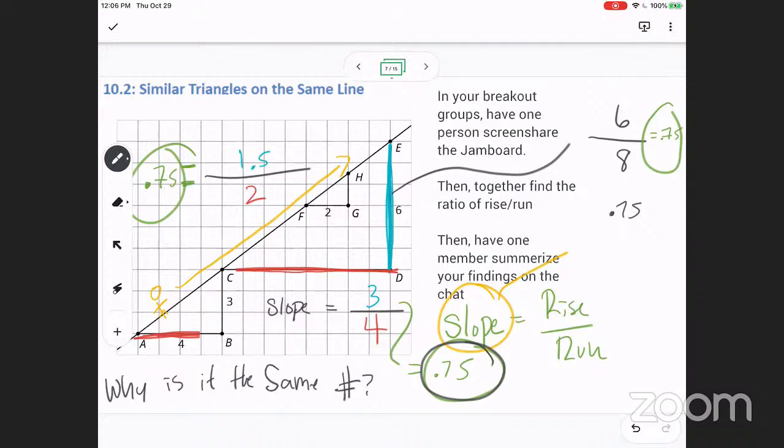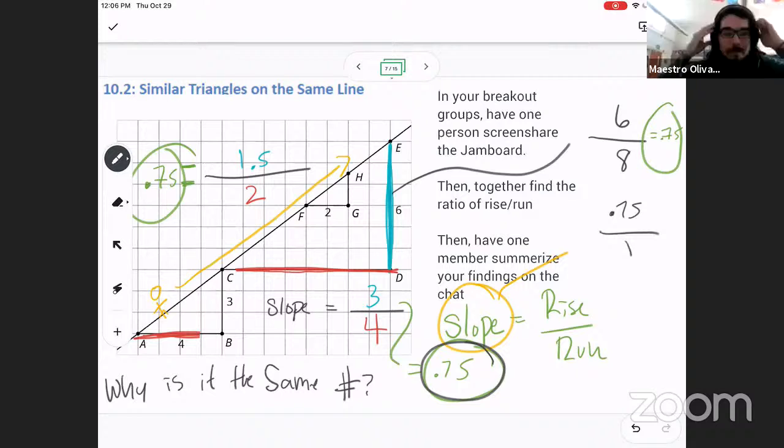One. Thank you, Ricky. Yeah, you can put 1. So the slope, which is 0.75, can be written as the fraction 0.75 over 1. For those of you who don't know, 0.75 es 3/4. It's 3/4.